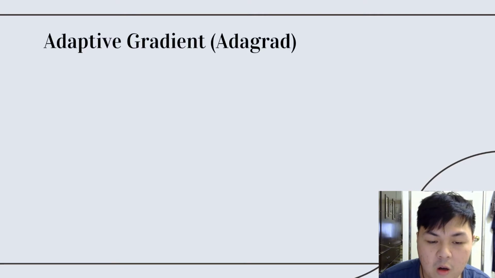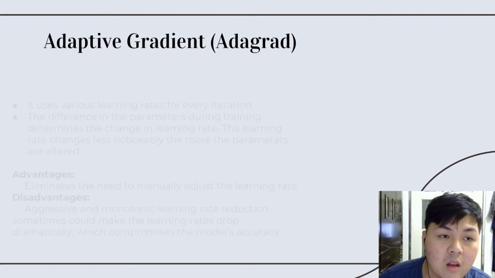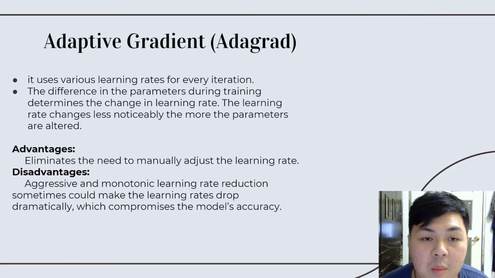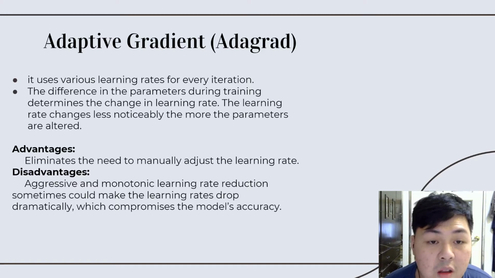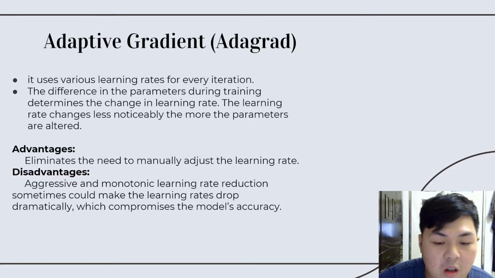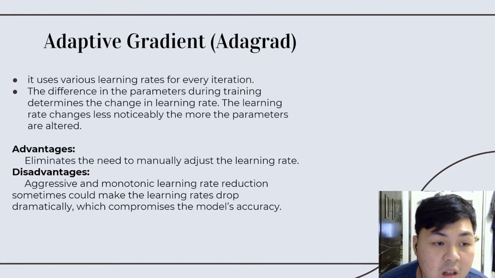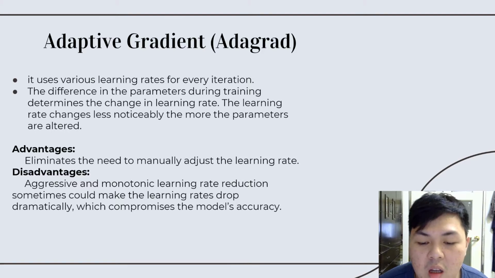Adagrad, or adaptive gradient, in comparison to previous gradient descent methods, differs slightly. This is due to the fact that it uses various learning rates for every iteration. The difference in the parameters during training determines the change in learning rate, and the learning rate changes less noticeably the more the parameters are altered.